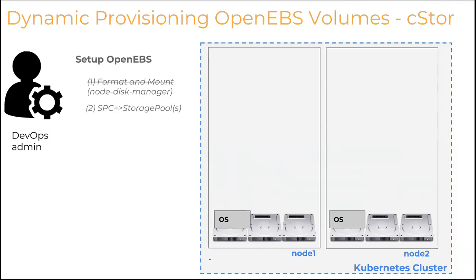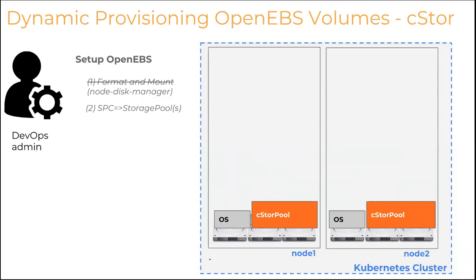When the administrator creates an SPC, it queries for those disk objects and determines how the storage pools have to be created, and which nodes have to be used for creating them. And the storage pools are created. All this happens as part of the DevOps admin setup process.